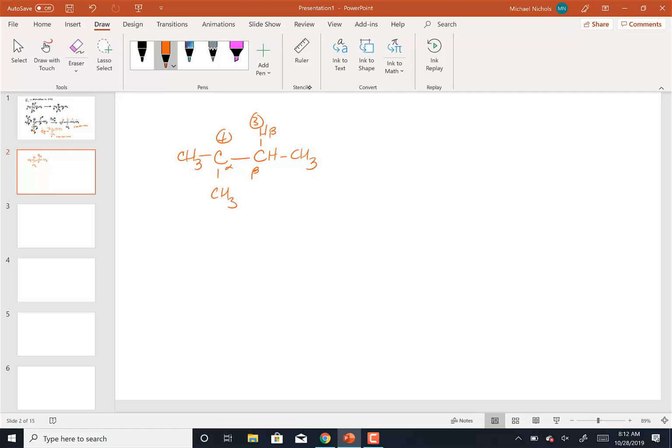Okay, and so I'm going to move this pair of electrons here to form the double bond. I'm going to lose an H+, a beta H+ 3, and now I'm going to end up forming the double bond between the alpha carbon and the beta carbon that was on the right.